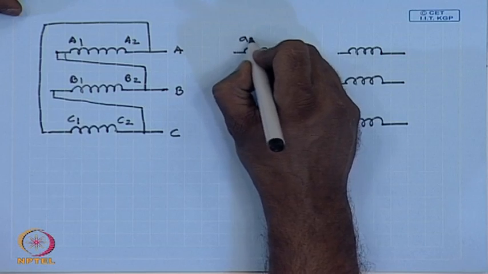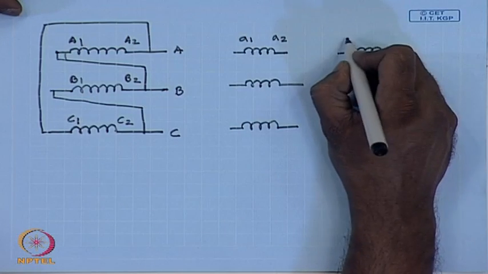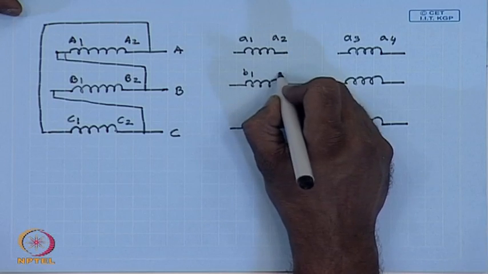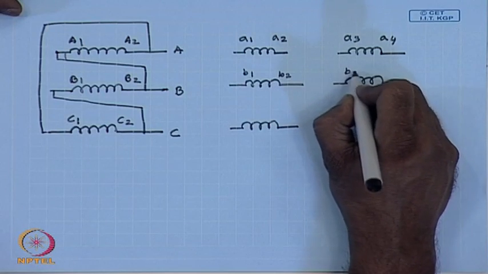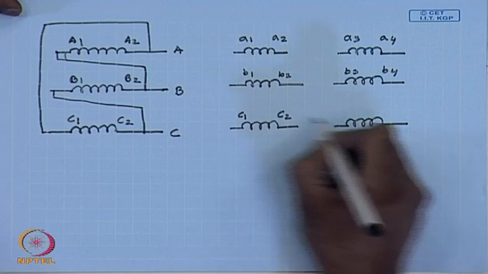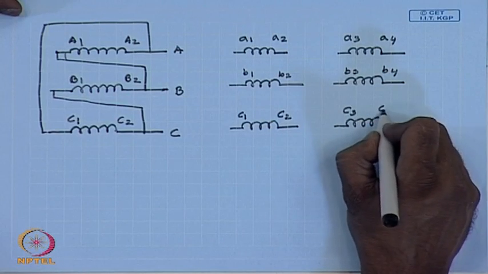This is A1, A2, A3, A4, B1, B2, B3, B4, C1, C2, C3, C4.